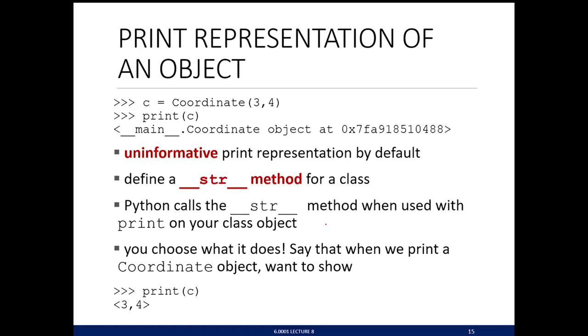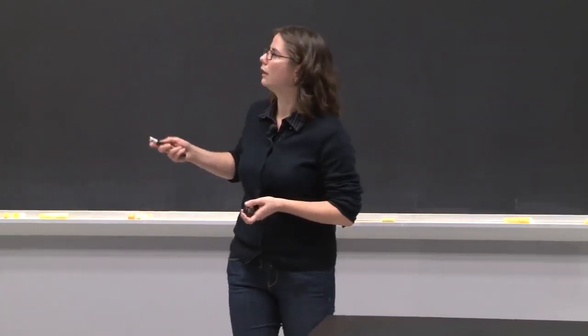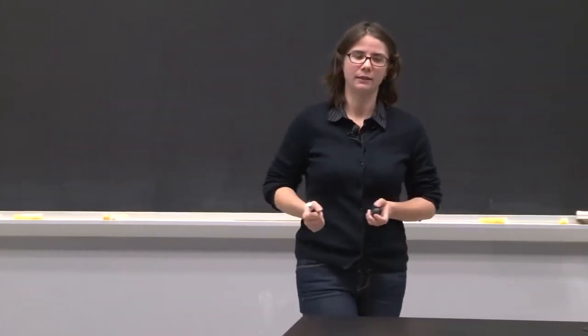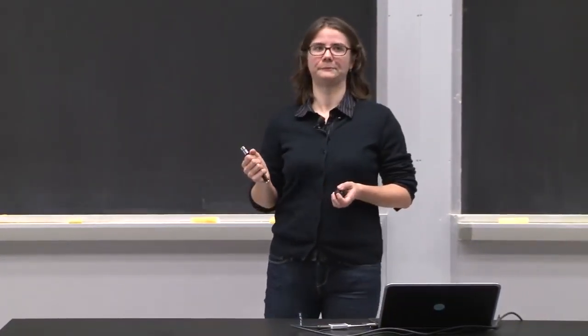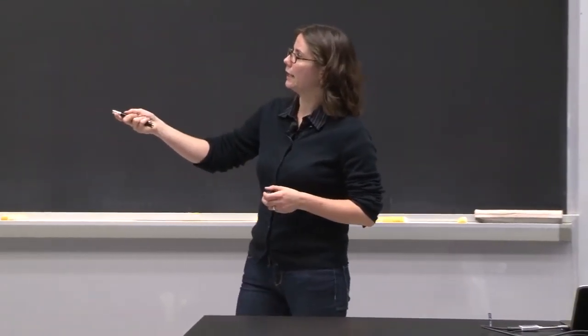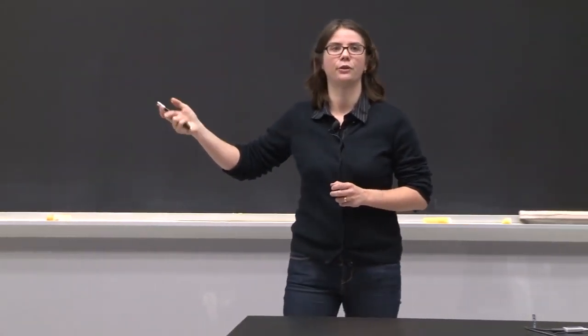That would be a lot more informative. By default, when you create your own type and print an object of that type, Python tells you this sort of information, which is not what you want. So you need to define your own method that tells Python what to do when you call print on an object of this type. This is going to be a special method, just like init is, because it starts and ends with double underscores. The name of the method is __str__.